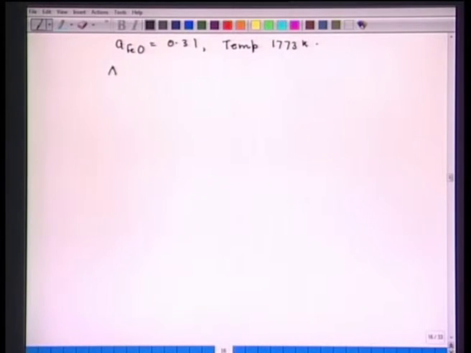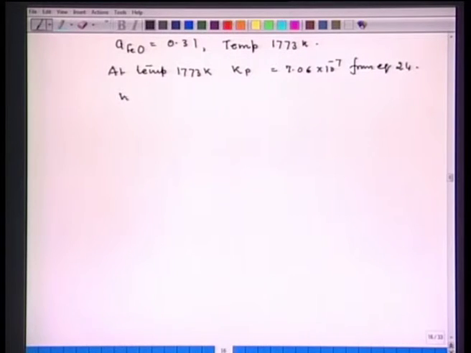Then we can calculate Kp, that is equal to 7.06 into 10 to the power minus 7. This is from equation 24. However, if you calculate from other equation, this value will be something different.